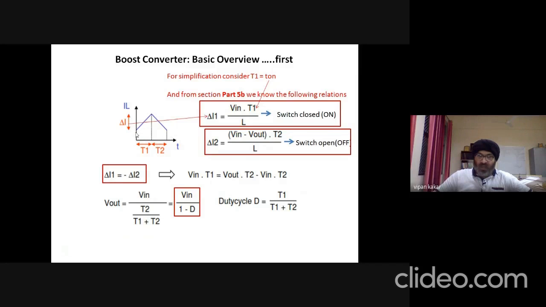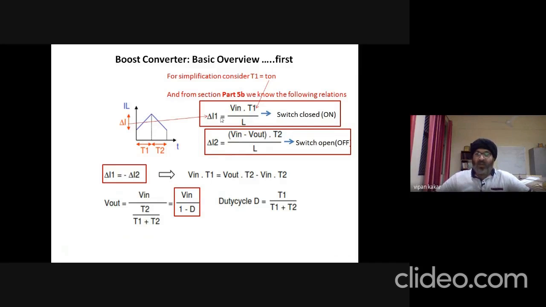So during T1, the inductor current ramps up, means it starts to rise. And during T2, when the switch is off, the current ramps down, means the energy starts to release, or the current starts to decay, as we already saw in previous sections.